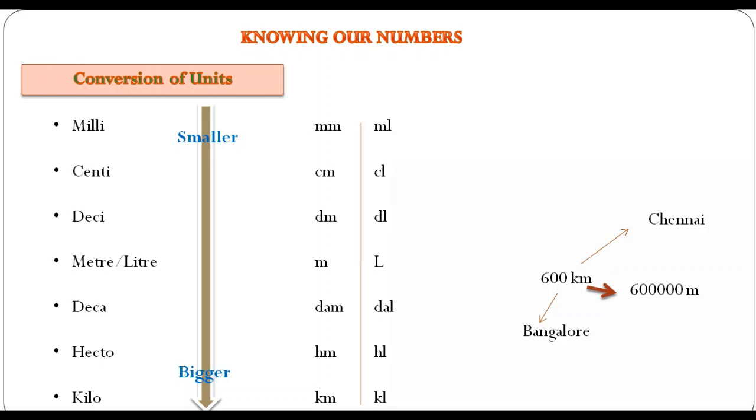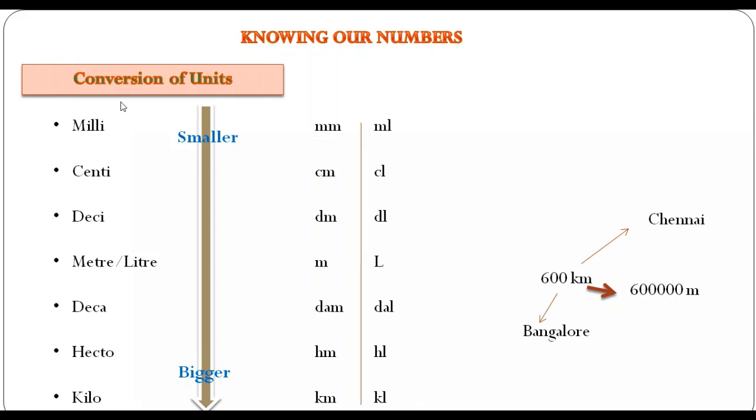So you have grams, you have milligrams, you have centigrams, you have kilograms, hectograms, and so on. So that's how the unit varies depending on which quantity you are measuring, whether it is volume or it is length or it is weight. So that varies, right?